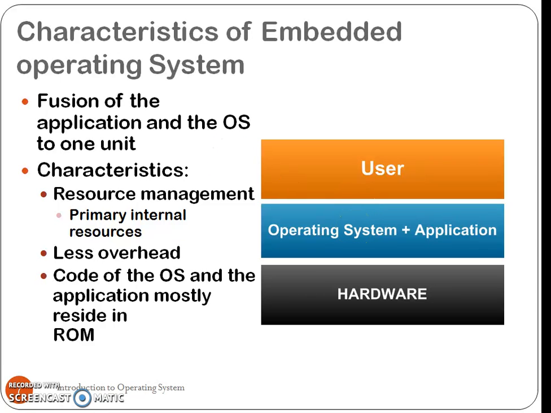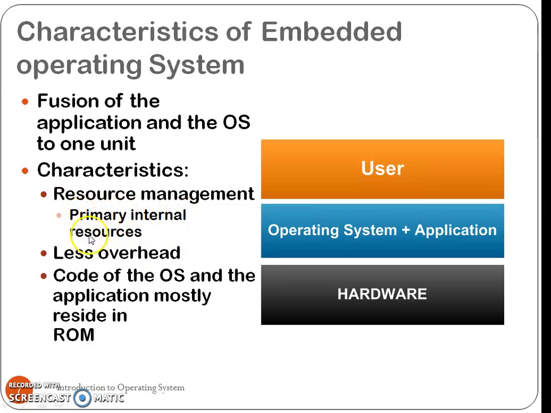Now, what are the characteristics of embedded operating system? Of course, the characteristics are more or less the same, like resource management is a very similar characteristic to that of the general operating system. But in the resource management here, the embedded operating system is managing the resources which are primarily internal resources.